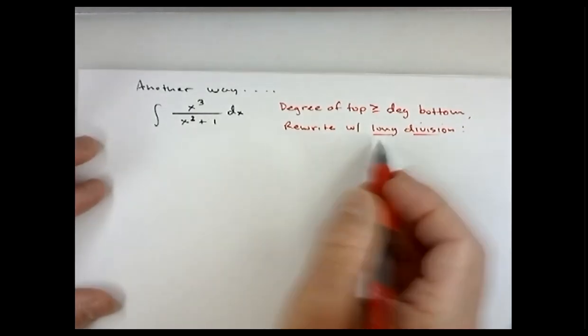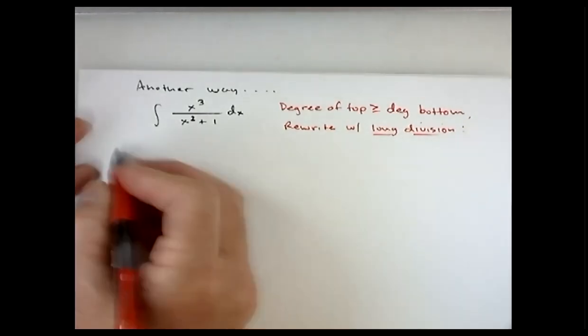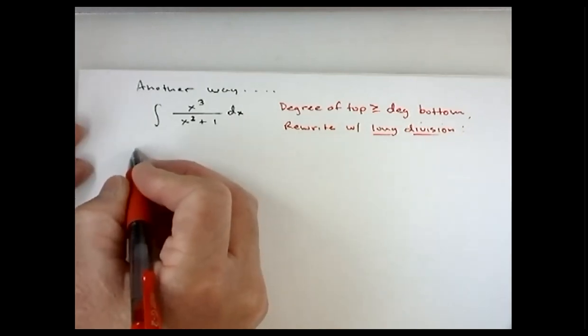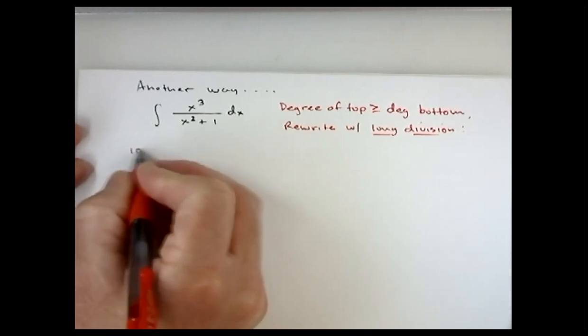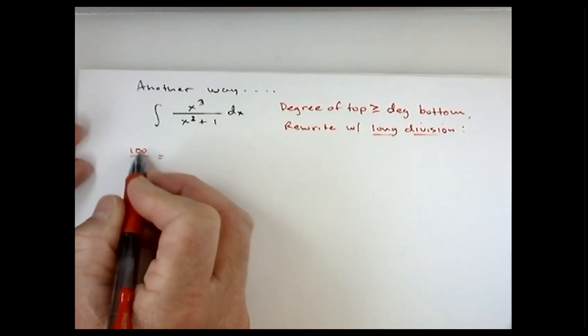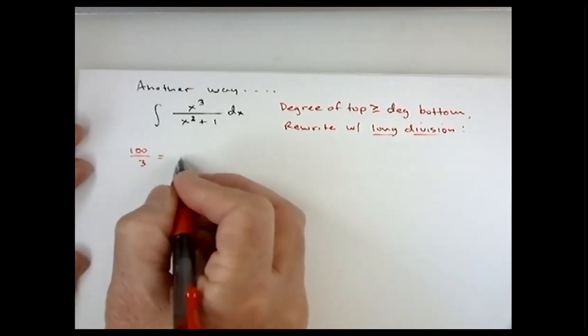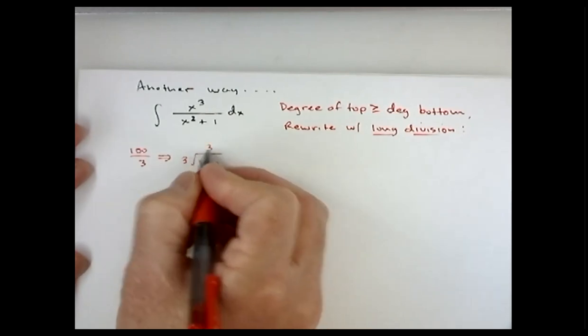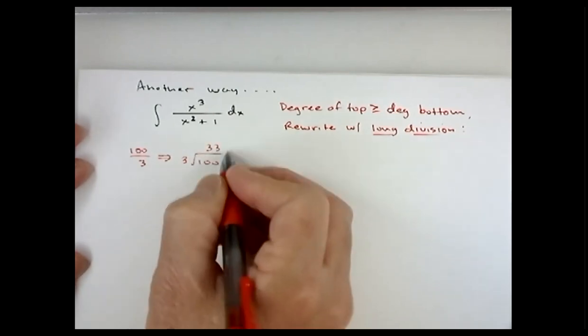So you could take long division the same way, like if you have 100 divided by 3, where the degree of the top is bigger than the bottom. When you divide 3 into 100, you get 33 with a remainder of 1.